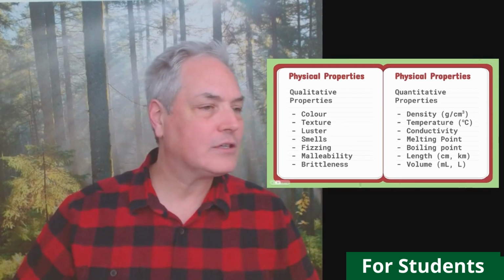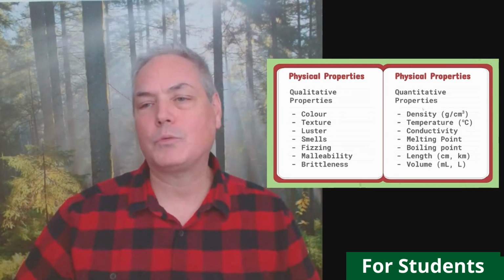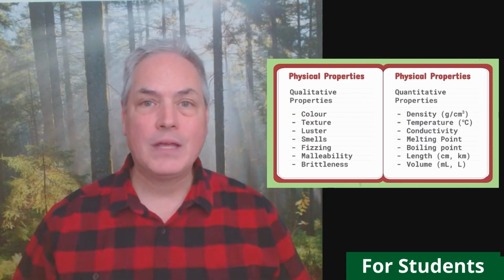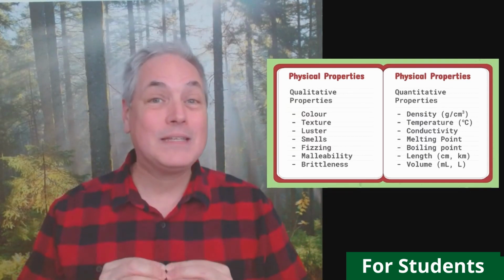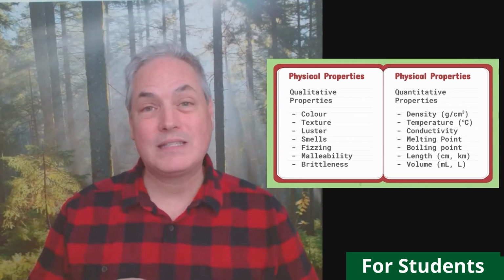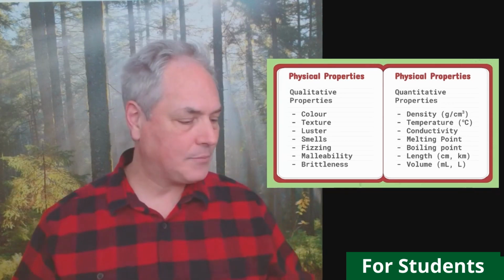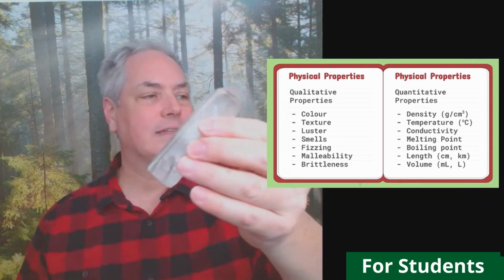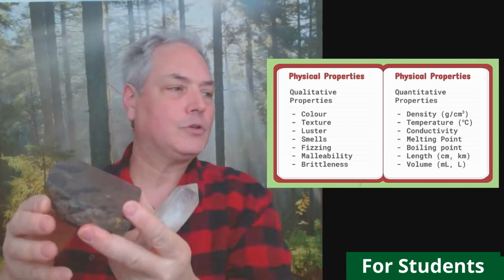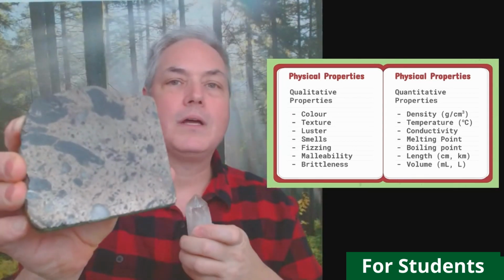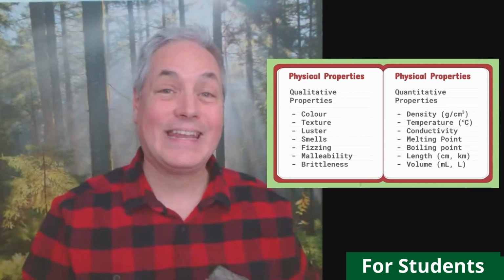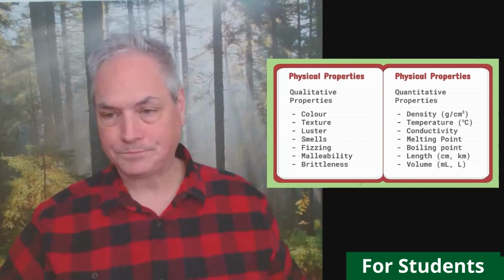The other physical properties that we can work with are what we call quantitative properties. These properties are part of the matter and are specific to pure substances, and they can be measured with specific units. So for example, density: the density of this quartz crystal is different than, for example, that piece of ore from Sudbury, where we extract copper and nickel from the earth.